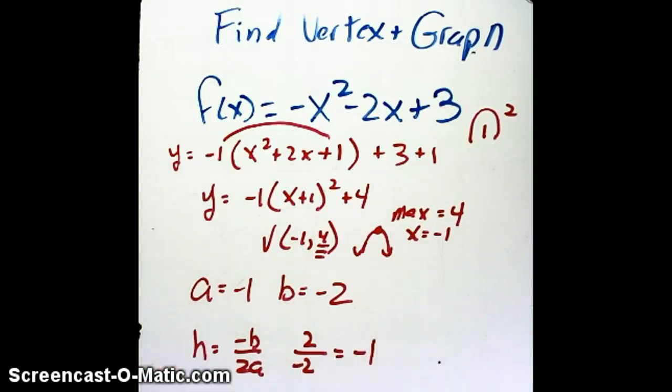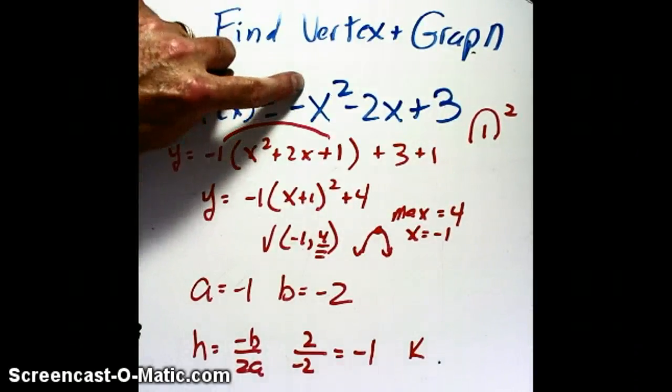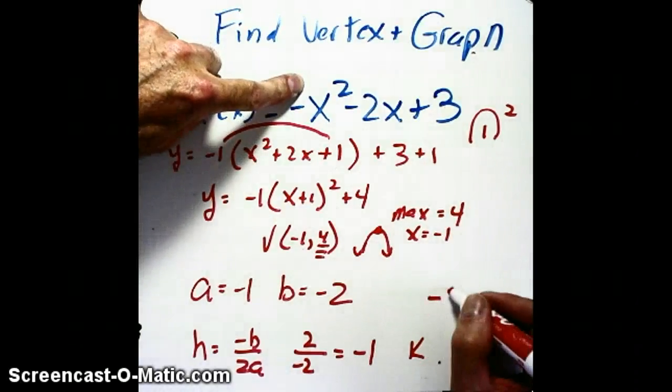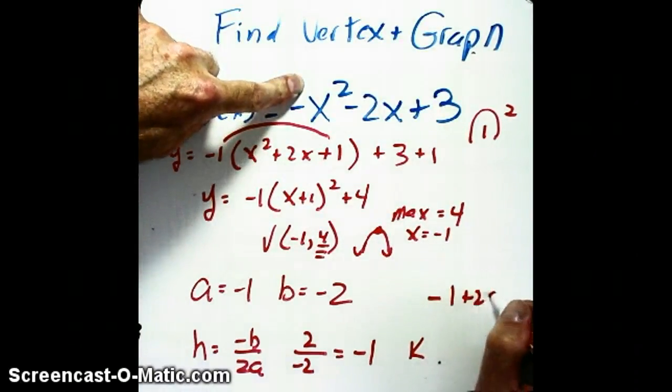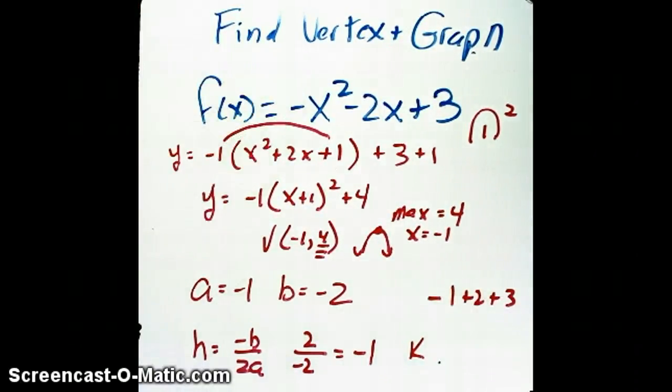So h is negative 1. Now, in order to find the k for the vertex, I could plug the negative 1 into the function. So that would be negative 1 plus 2 plus 3, and that's 5 minus 1, which is 4. So that's another way to locate the vertex using this negative b over 2a.